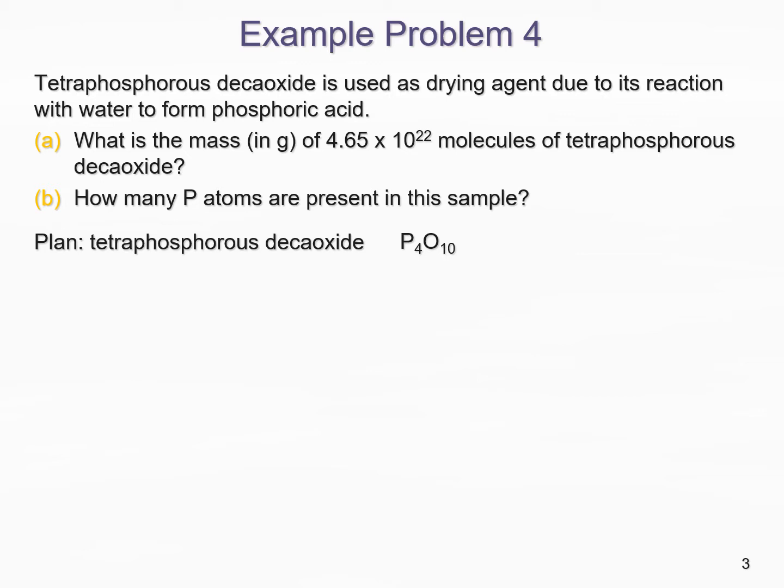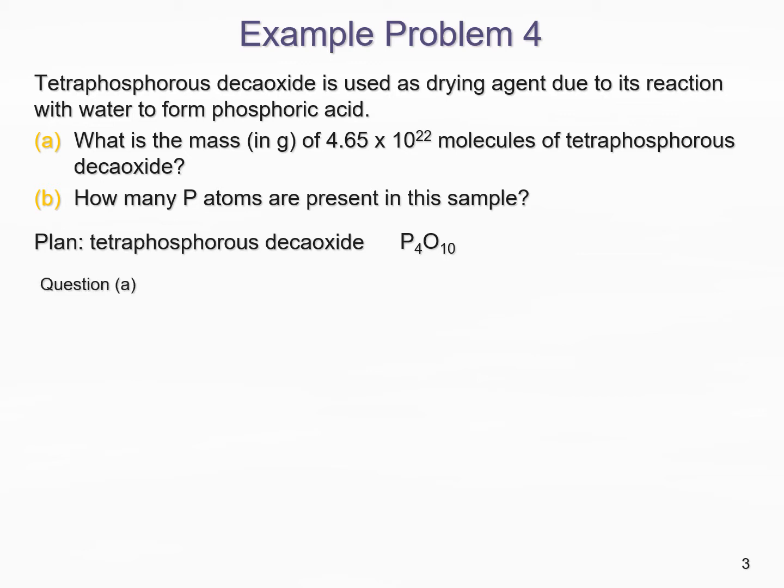And the second question asks how many phosphorus atoms are in the sample. Of course, first we need to know the formula of this so-called tetraphosphorus decoxide. Tetra means 4, deca means 10, so the formula is P4O10. That's easy.